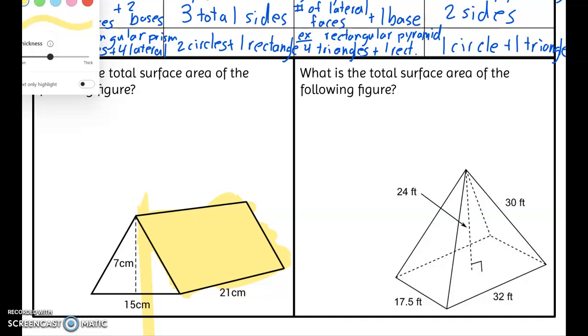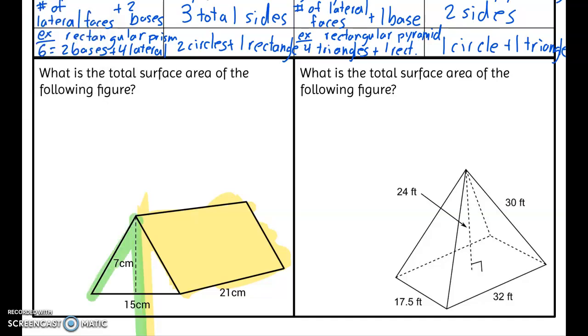All we're going to do is find the area of my two bases, and once I find the area of those two bases, I'm just going to add it to that. The area of my lateral shape is 745.92 centimeters squared.